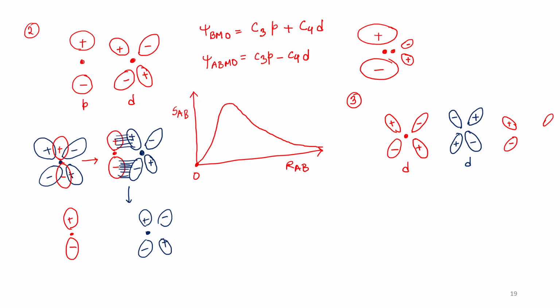What would be the symmetry of P when P and D mix with each other? That is going to be gerade, right? Because they are symmetric in some nature.